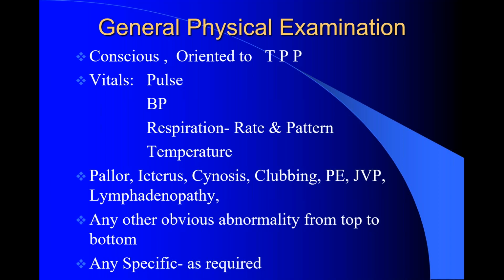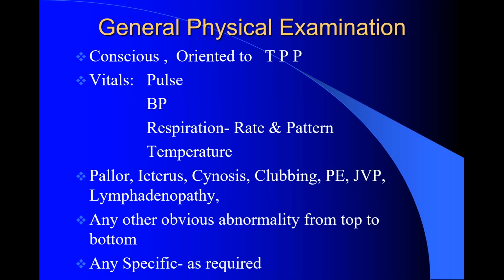After seeing consciousness and vitals, you will come to other points like pallor, icterus, cyanosis, clubbing. You have to take pallor, icterus, cyanosis, clubbing, peripheral edema, JVP, lymph node. That you have to see in all cases, irrespective of the diagnosis.